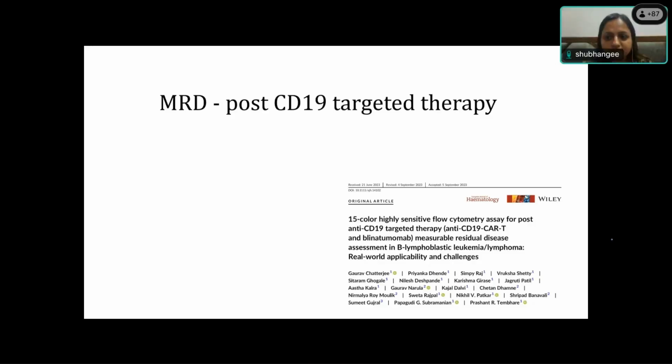The next question is, is there any reason why we use particularly CD73 against CD19 to gate the B cells in MRD? Well, we do not use particularly CD19 versus CD73, but we use a different combination. I told you that we have to know the asynchronous expression. CD73 is not expressed in CD34 positive hematogones.